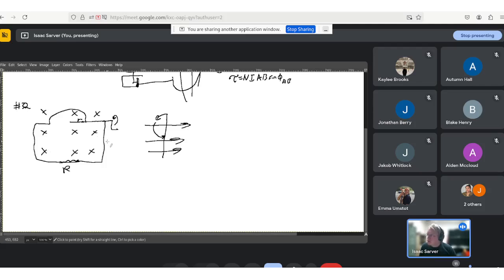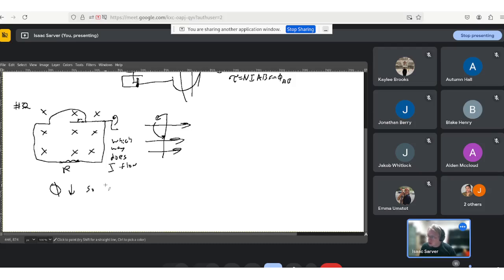So, basically asking which way does I flow? Okay. My B is going into the paper, and I'm going to reduce the area. So that means my flux is going to decrease.